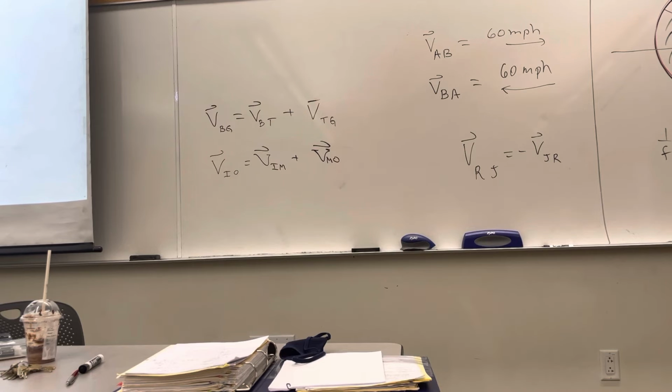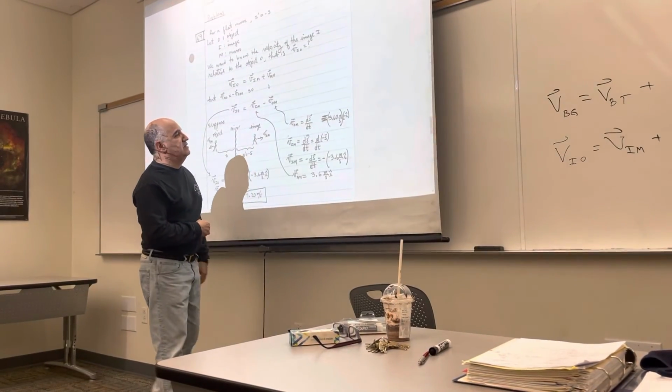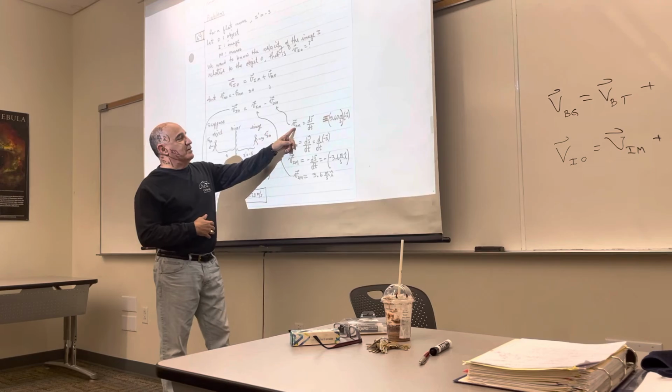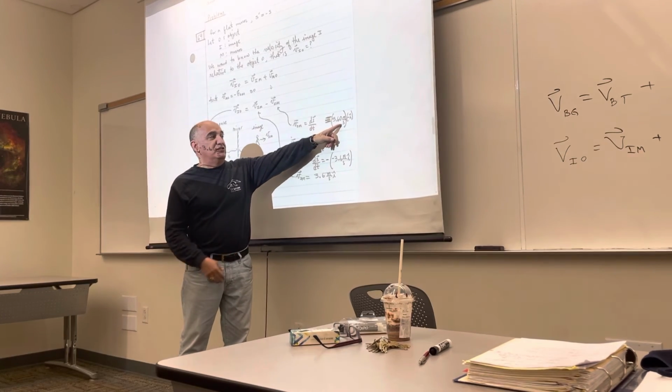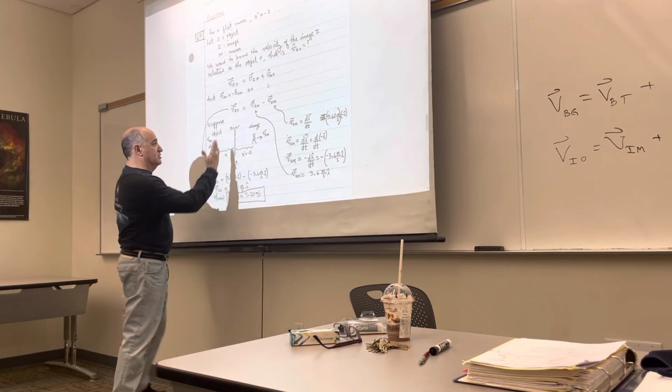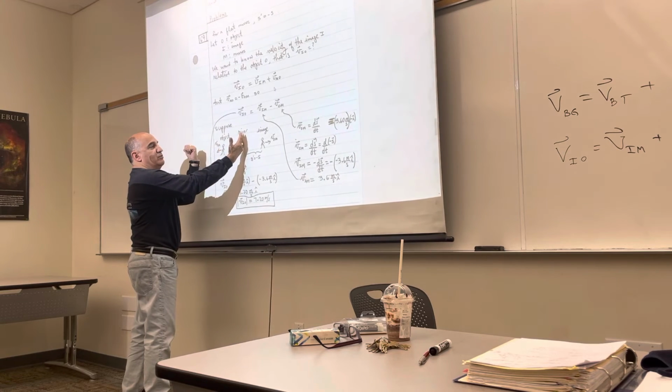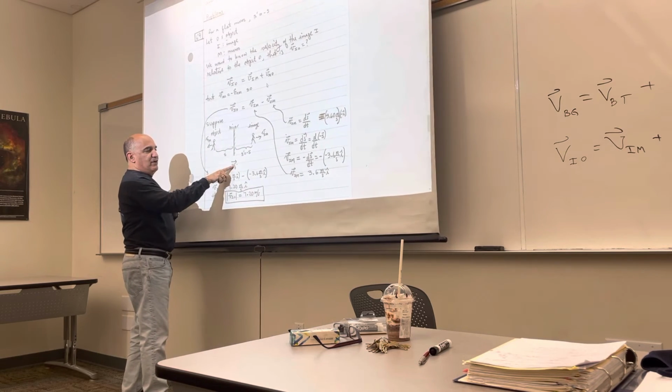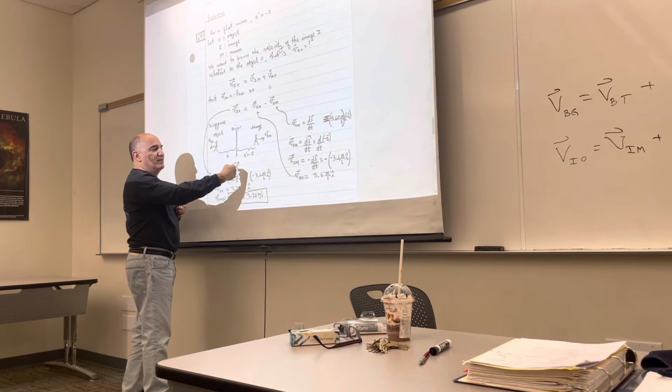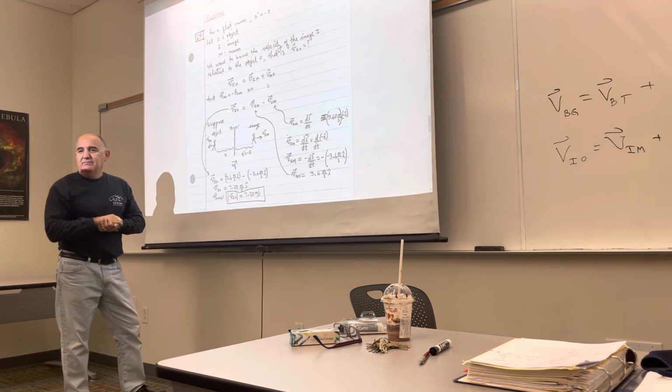But if I know the velocity of, I'm talking too fast. No, I'm fine. Yeah. So I switch the indices, so I gotta put a minus sign. But the velocity of the object relative to the mirror is 3.6 meters per second to the left. So here's the mirror, here's the object running away. I just introduced the x-axis to the right, so to the left is minus i hat.